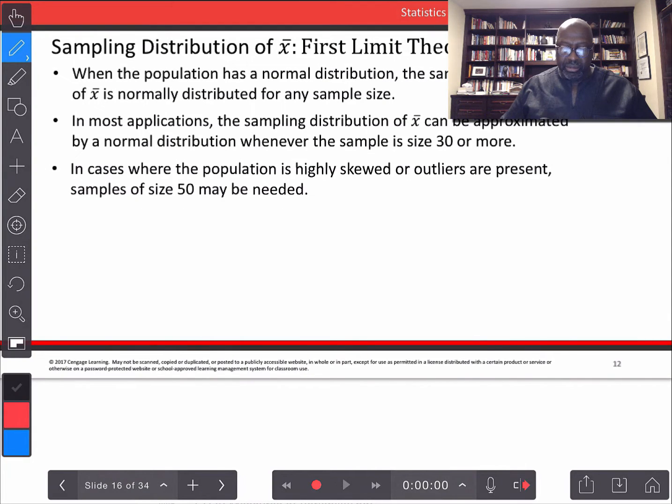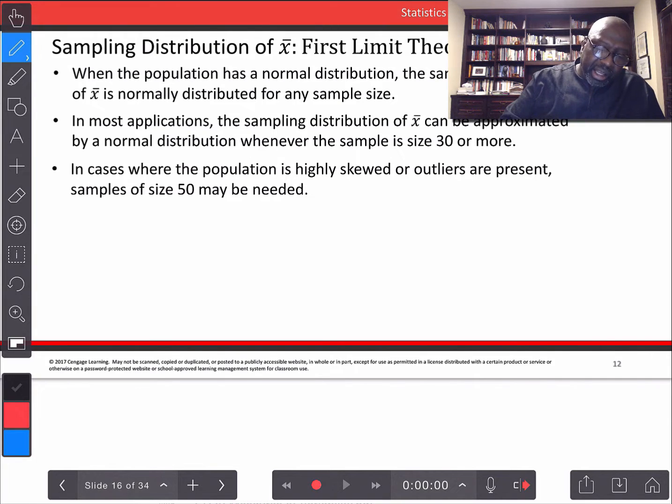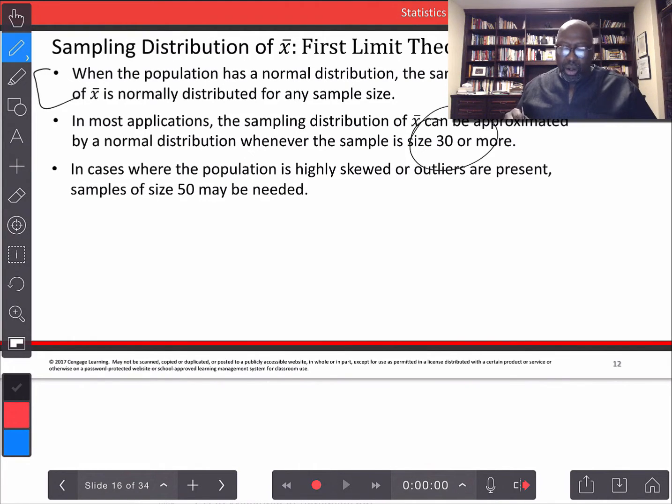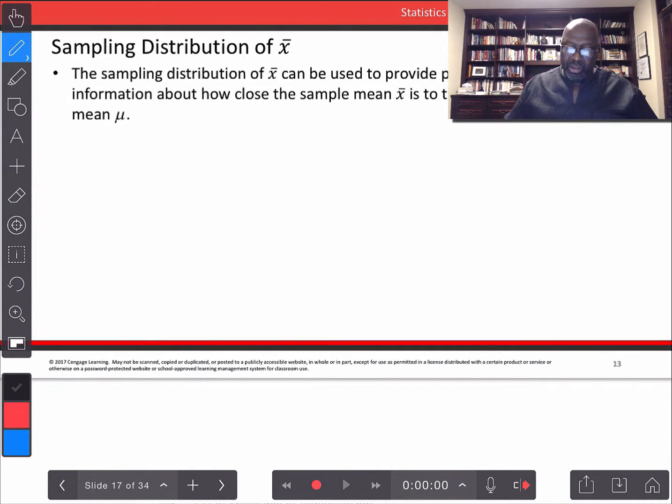And the theorem, which I've already mentioned to you, is that if the population distribution is normal, the sampling distribution of X bar is normally distributed. So you can see that right here in the first sentence. Okay? In most applications, the sampling distribution of X bar can be approximated by a normal distribution whenever the sample size is 30 or more. So they're jumping ahead because really we're speaking about the central limit theorem.